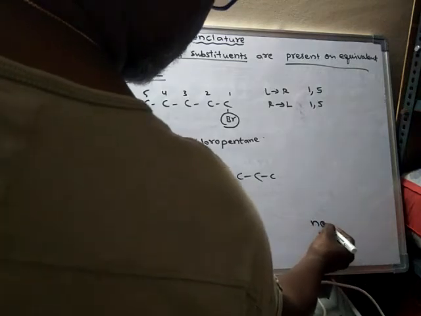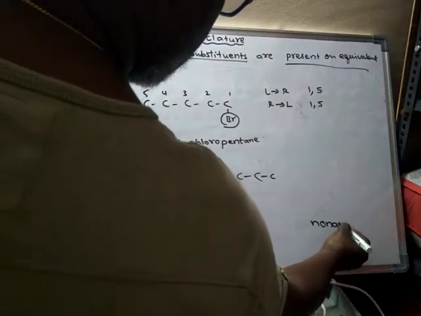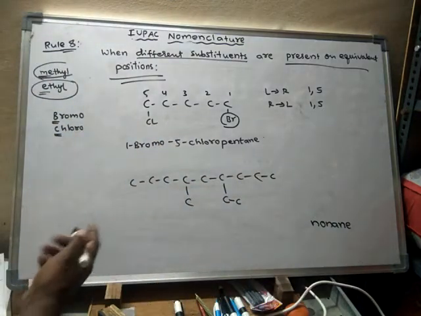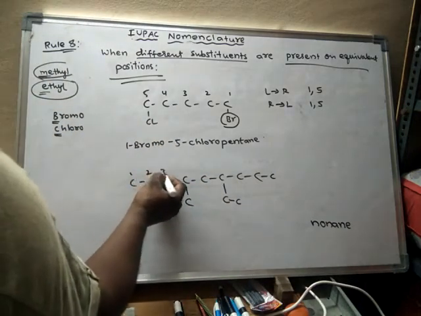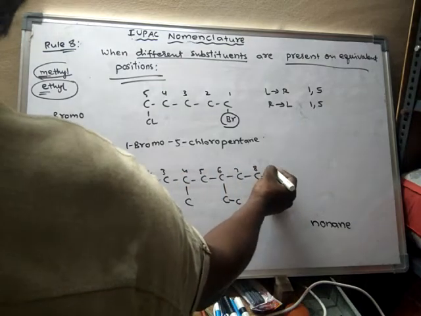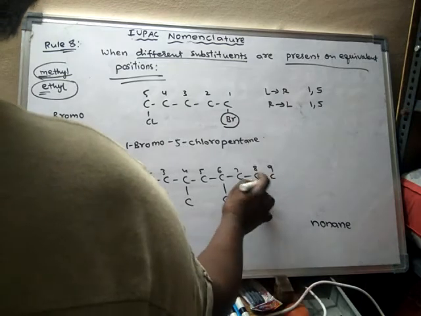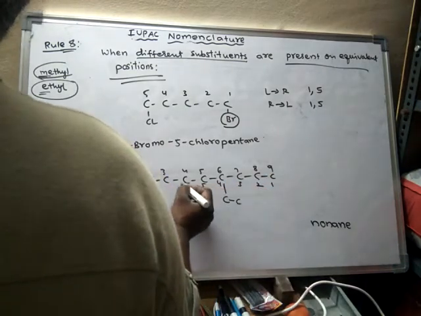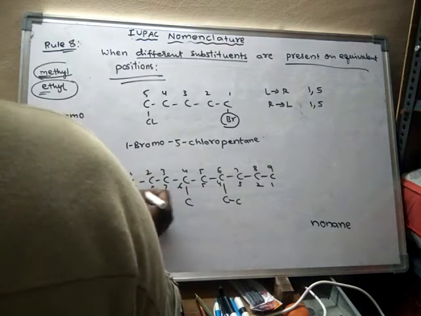The parent chain is nonane. In which direction do we have to give numbering? 1 to 9 from left to right, and from right to left 1 to 9.